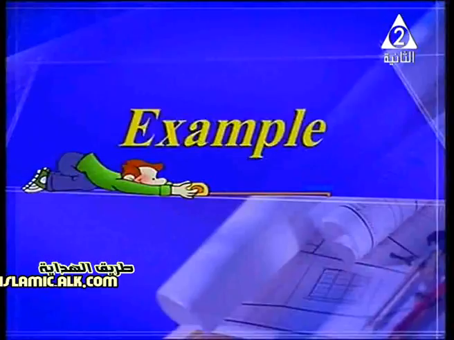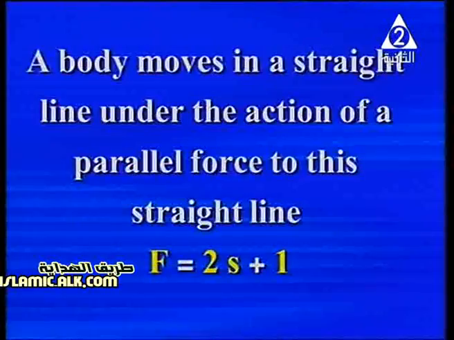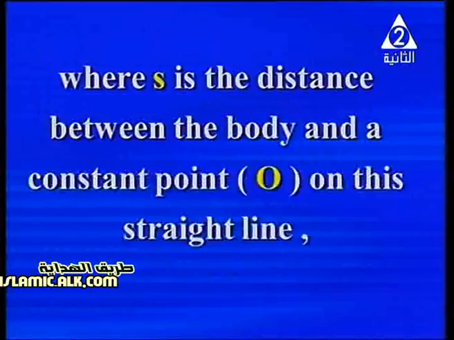Dear student, now we move to the first example. If we have a body that moves in a straight line under the action of a force parallel to the straight line, F equals 2s plus 1, where s is the distance between the body and the constant point O on the straight line.